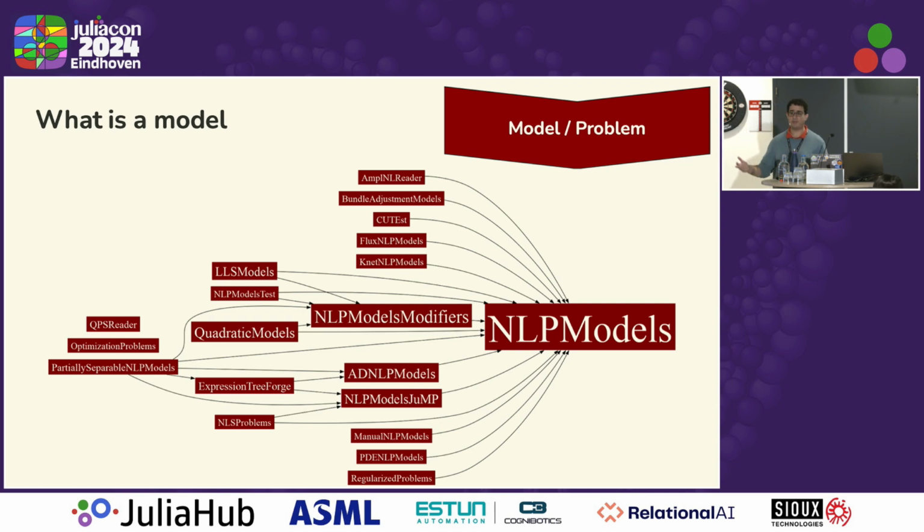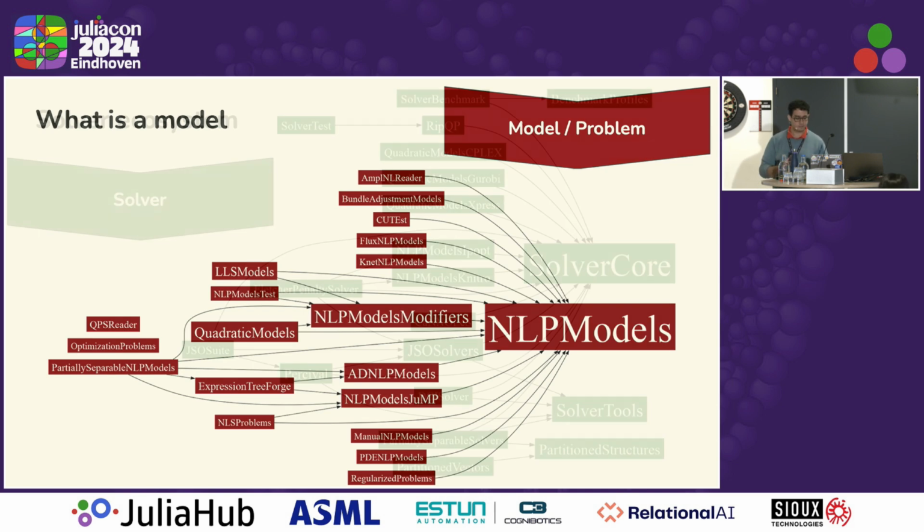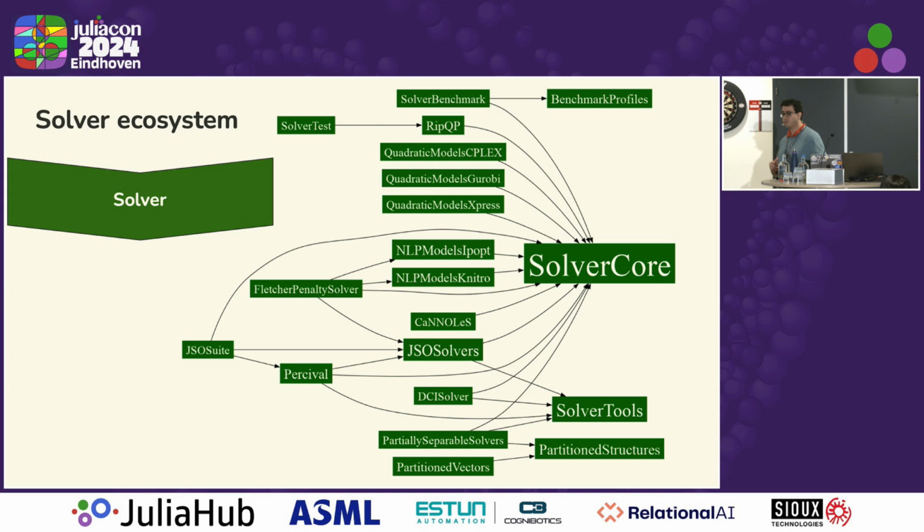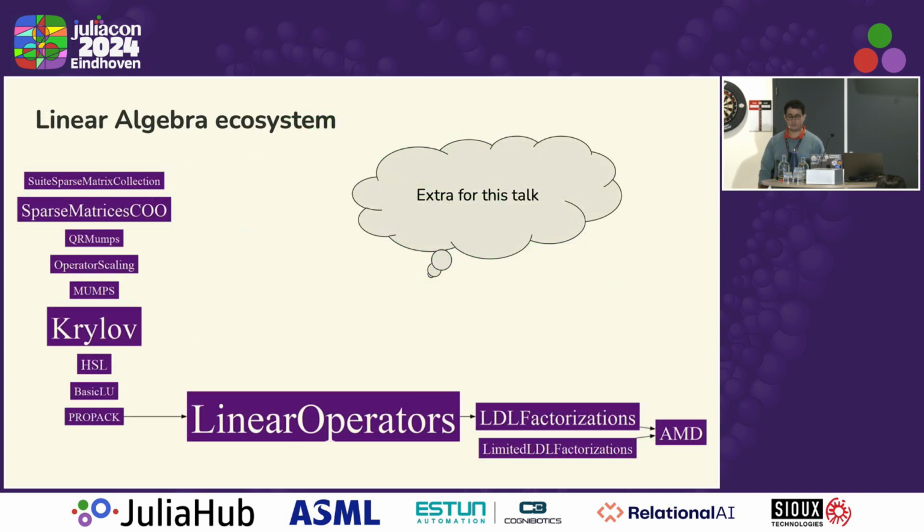But the idea is that there are many ways to create an optimization problem using JSO, and there are many solvers to choose from. Some of these are just wrappers. Some are pure Julia implementations of pretty good nonlinear optimization solvers. And there is also a linear algebra ecosystem that is not going to be in this talk, but we have to give some love to that ecosystem.